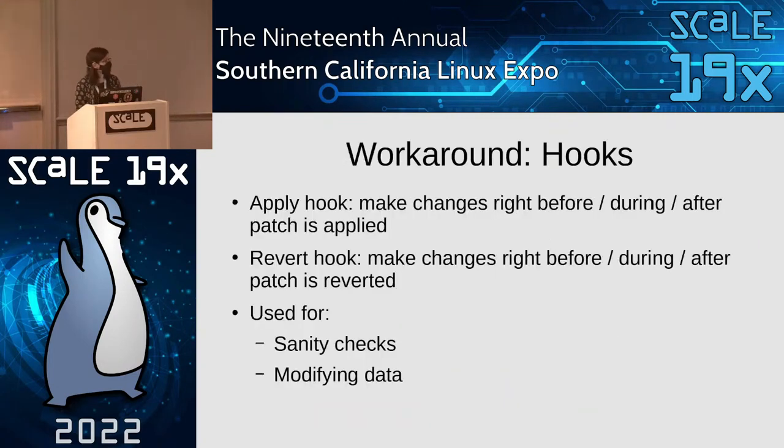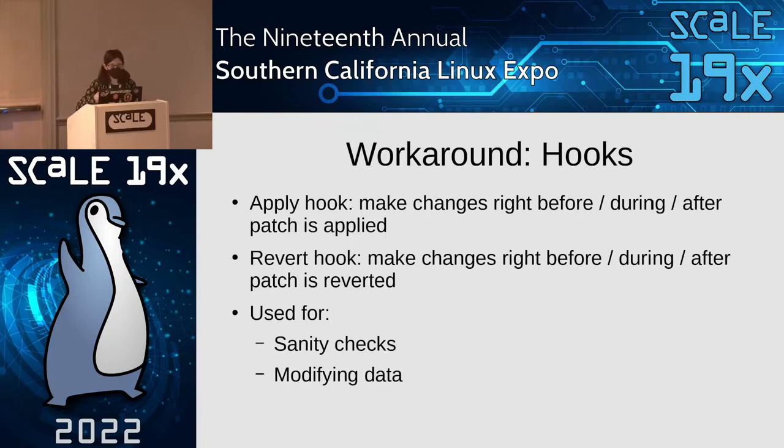So one of the workarounds that's available for things that will not patch properly is hooks. Both Xen and Linux have the concept of hooks. You can make changes potentially before, during, or after a patch is applied, or revert hook. You can make changes right before, during, or after a patch is reverted. So you can use this for sanity checks.